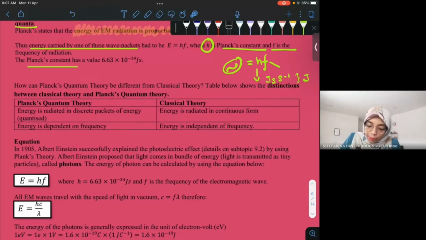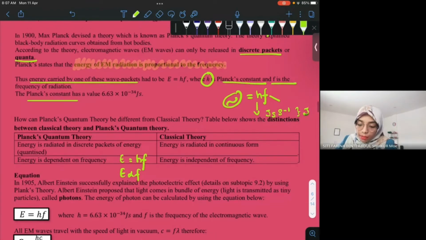However, Planck stated that no, energy is dependent on the frequency because each packet is going to have energy of E equals hf. Therefore, energy ini depend on the frequency because they are proportional, which was the Planck's theory lah kan.